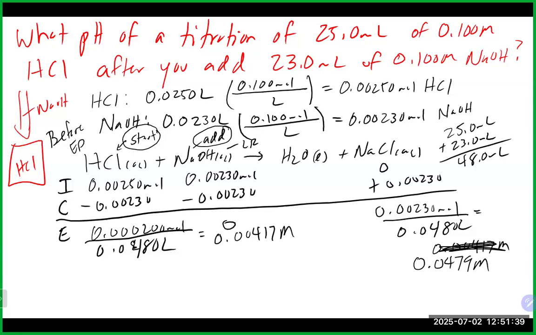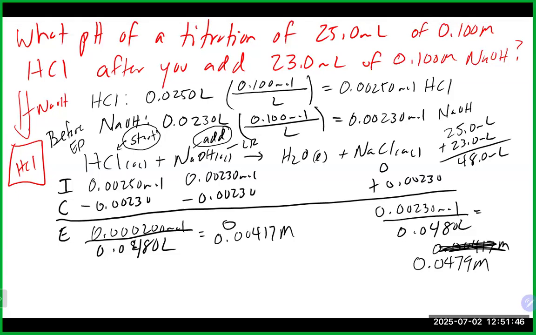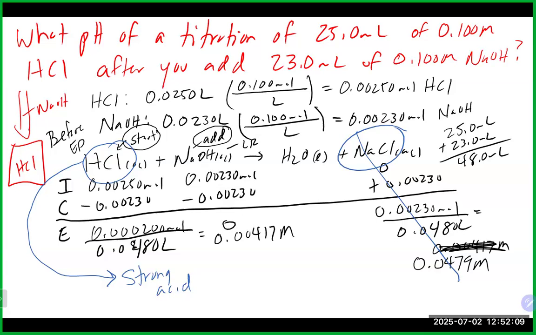0.00417 molar. So again, sometimes people ignore their ice table, and you really shouldn't. If you're not sure what is going on at this point or what should happen, you could look and see what you have left. You hopefully could recognize this is a neutral salt, so I don't have to worry about it. At this point, the major contributor to our pH is our strong acid, and that is what we would expect as we are before the equivalence point.